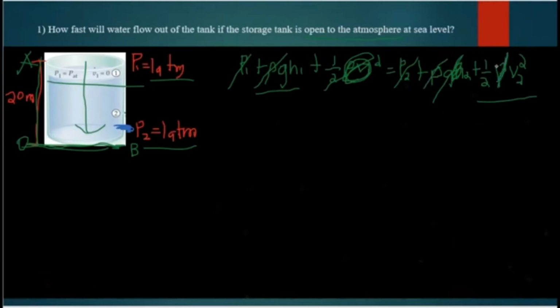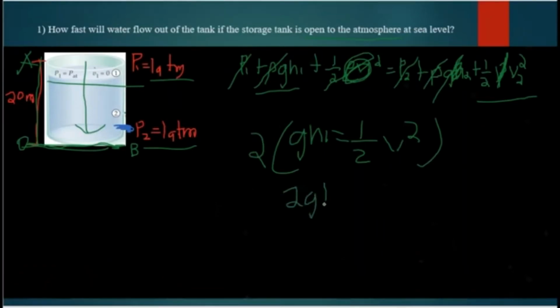Now we are left with this. So now we will multiply both sides using number 2. This will be cancelled out. So now we have a formula. This is what is left.